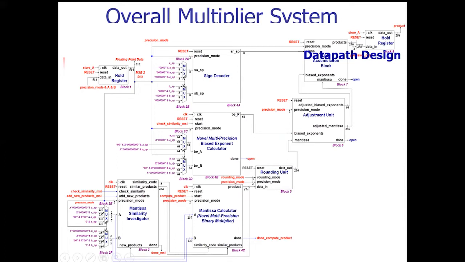We have the sign decoder, the novel multi-precision bias exponent calculator, the mantissa calculator, which is the novel multi-precision binary multiplier system, and then the mantissa similarity investigator. Altogether, this creates the complete novel multi-precision floating point multiplier system.